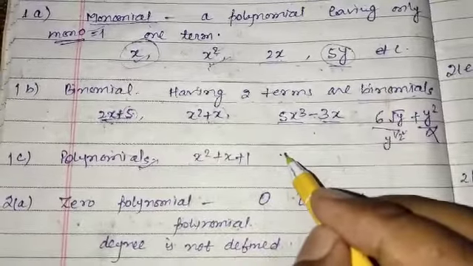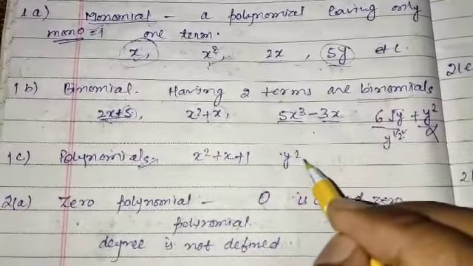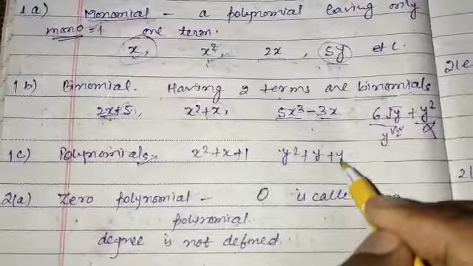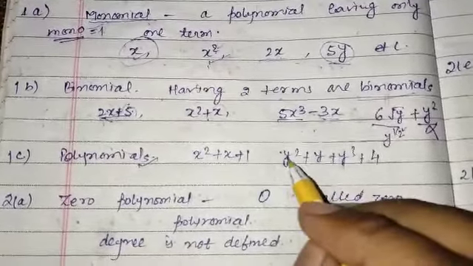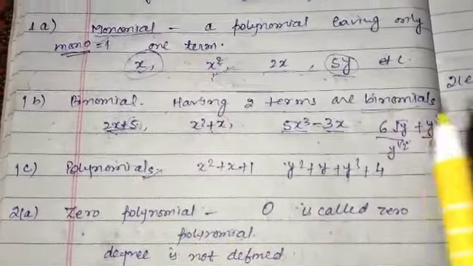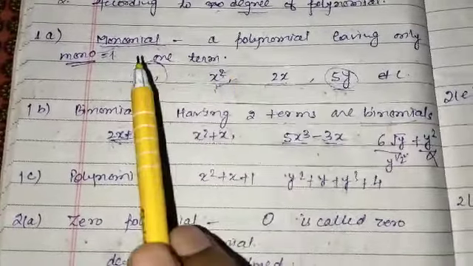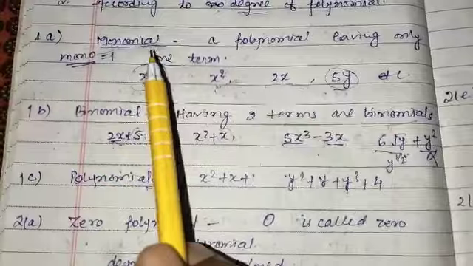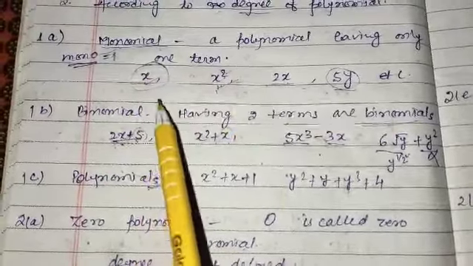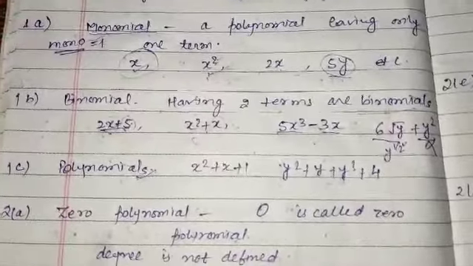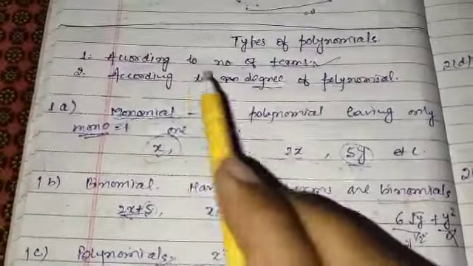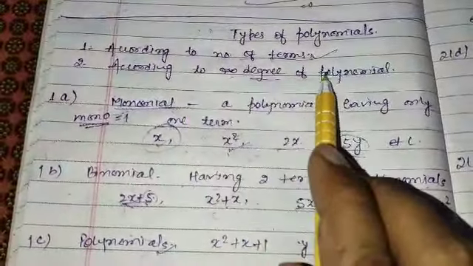You can take y square plus y cube plus 4, 1, 2, 3, 4 terms, so it is a polynomial. So on the basis of the number of terms, you say only two, monomial and binomial, and if there are more than two terms, say general polynomial. So this is the first category, according to the number of terms.